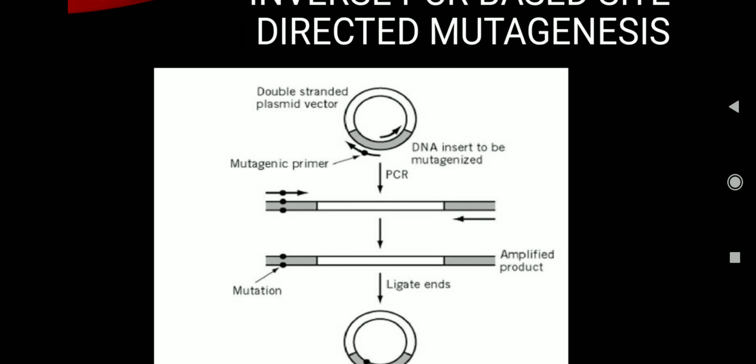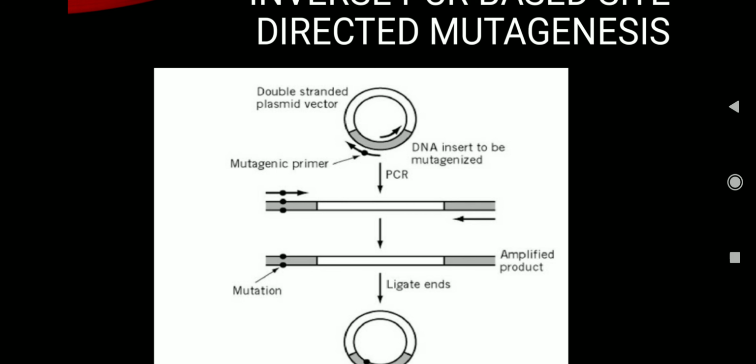So if you see this image, there are 2 primers used. One of the primers is carrying the mutation, and both are non-overlapping and in opposite directions. So you're using non-overlapping, inverse primers here.